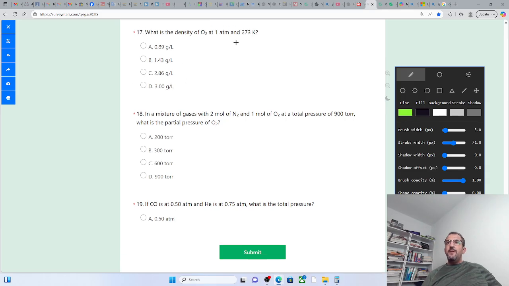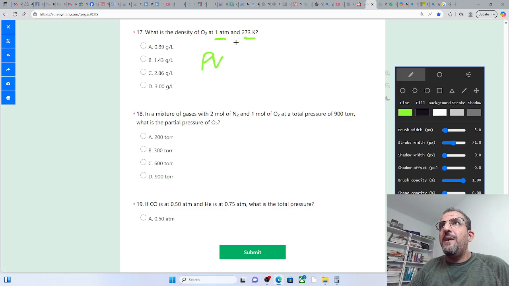And if I come to number 17, what is the density of oxygen at 1 atmosphere and 273 Kelvin? So we have temperature, we have pressure, and we have the equation of ideal gas. So we have PV is equal to nRT.